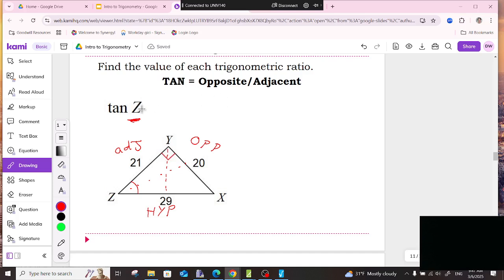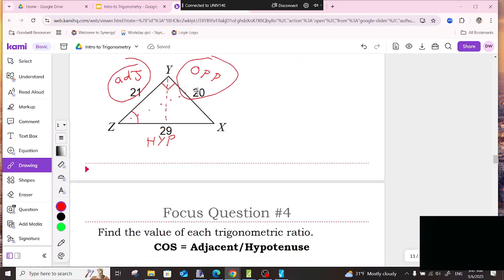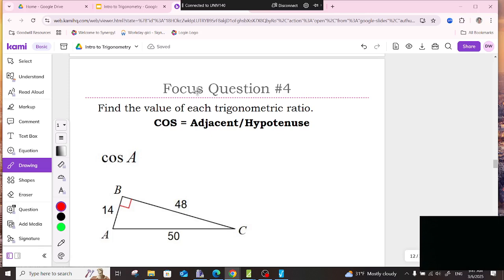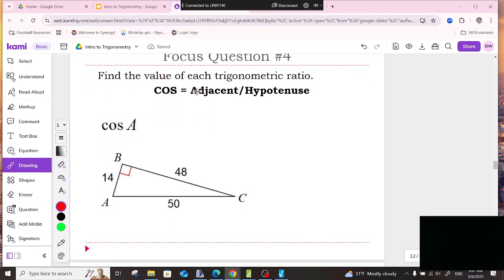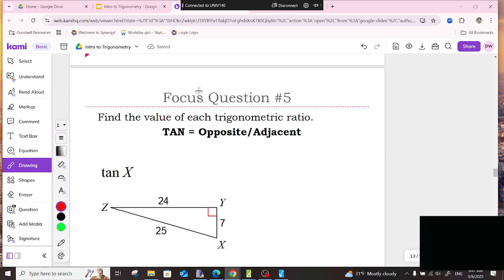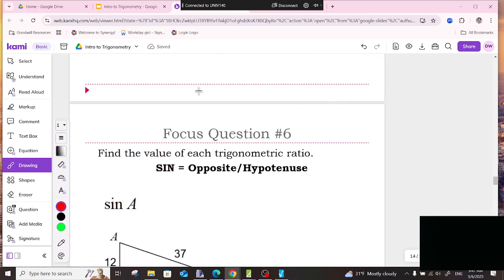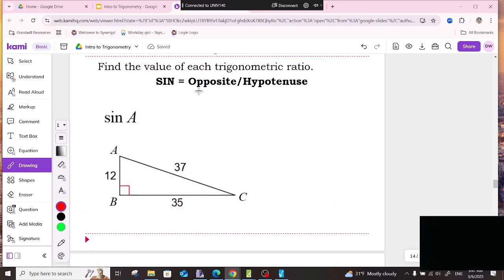So tangent of z is going to equal opposite, which is 20, over adjacent, which is 21. Can I reduce that fraction? No. Labelers tend to be winners, non-labelers tend to get things wrong. So everybody, do number 4, number 5, and number 6 for me.